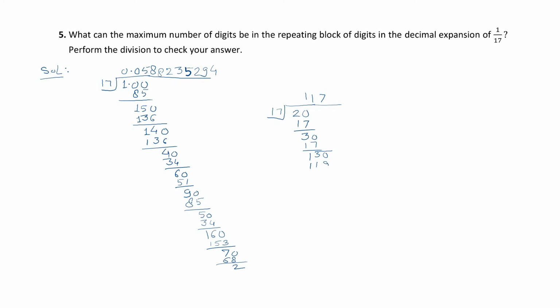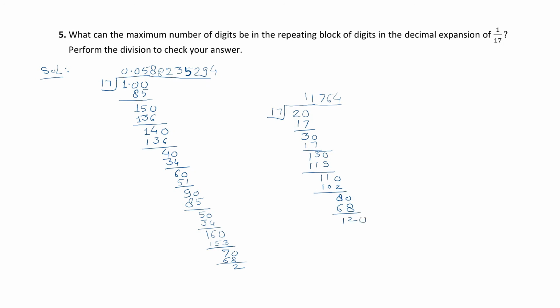The remainder is 11. 17 sixes are 102. The remainder is 8. 17 fours are 68. And the remainder is 12.